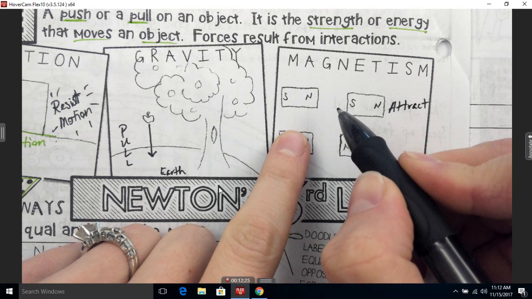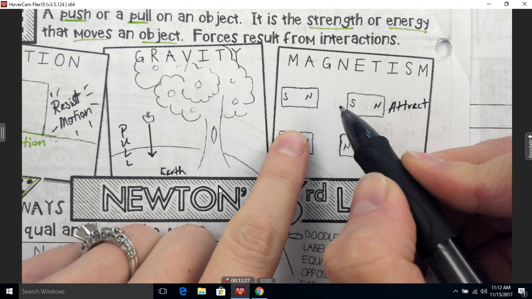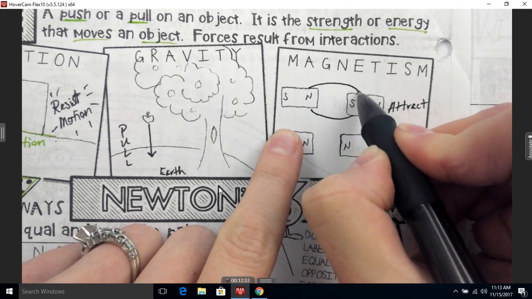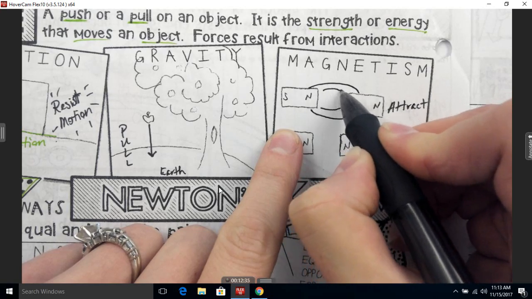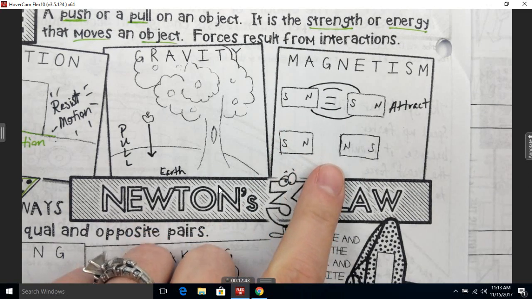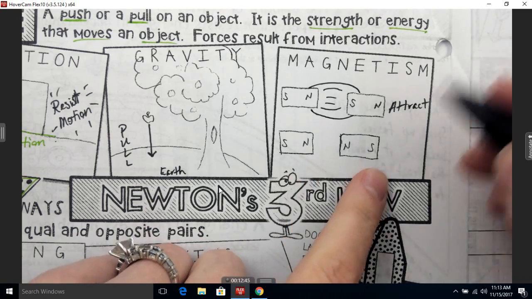Put it down. Go write it on your loose leaf paper. We're going to draw it like this. I've seen this before. Right? And what did y'all tell me the bottom two are? They repel.